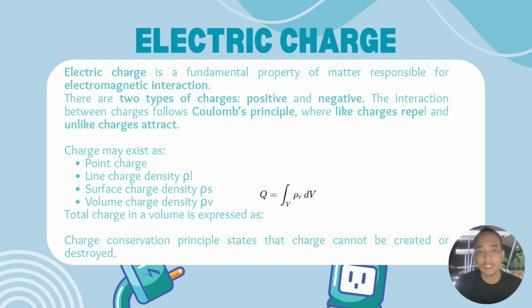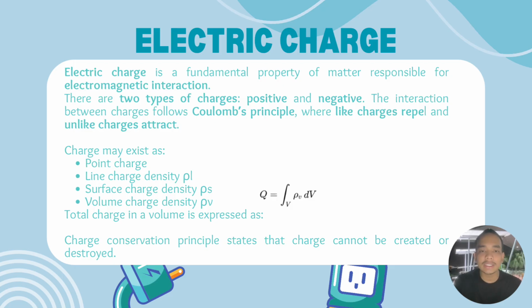Next, electric charge. Electric charge is a fundamental property of matter responsible for electromagnetic interaction. Charge may exist as point charge, line charge density, surface charge density or volume charge density.